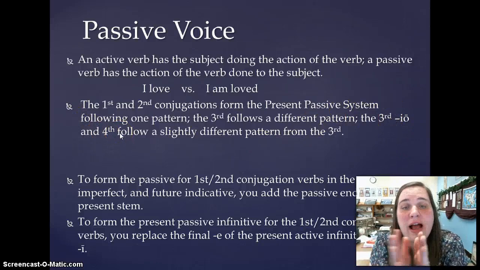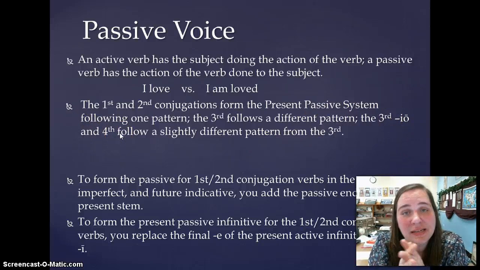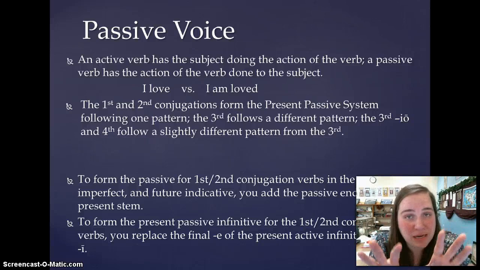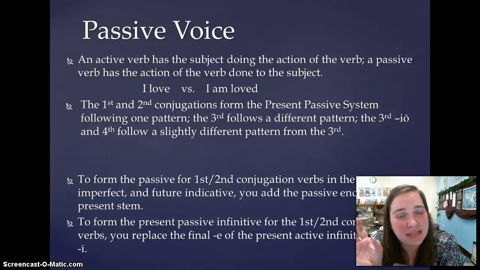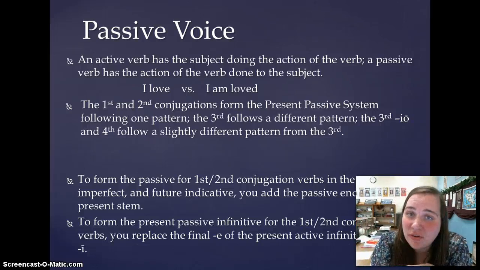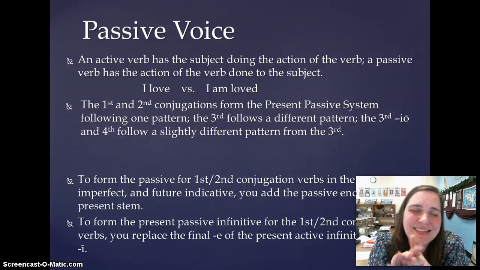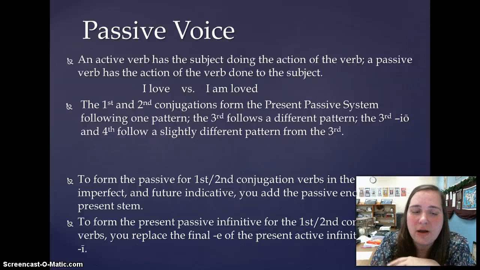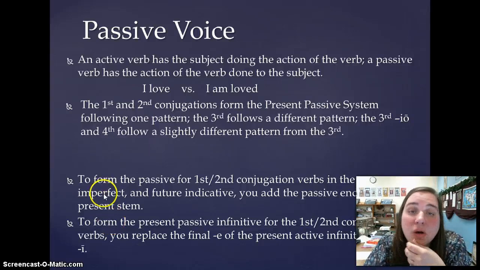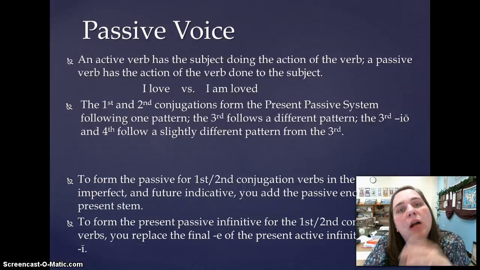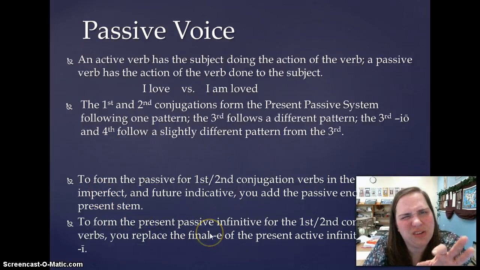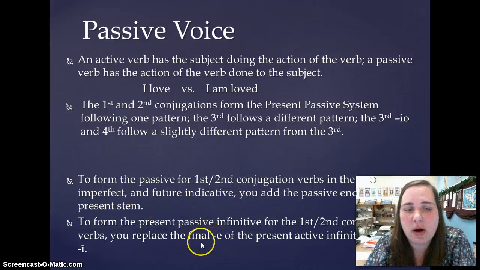Okay, so you have to learn how to form the passive voice in the present, imperfect, and future passive: one way for the first, second conjugations, a different way for third conjugation, and a slightly different way for third IO, fourth. We're going to start with first, second conjugations, and then we'll come back and do another one of these introductory slides for the third IO, and fourth.